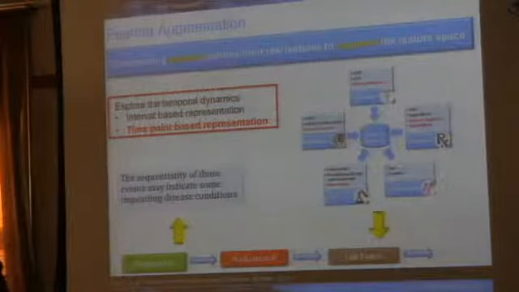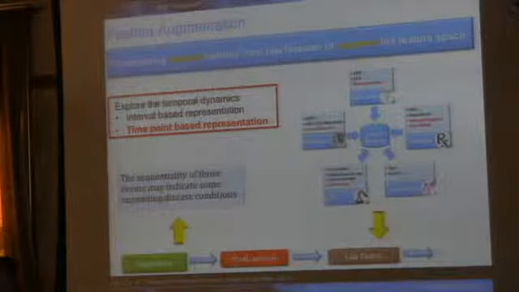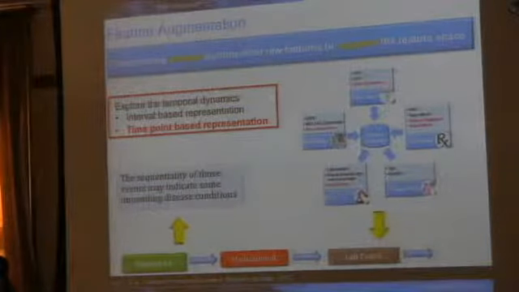If you have the information on the duration of each medical feature, you can use a famous framework called temporal abstraction to do feature generation for interval-based representation of temporal features.